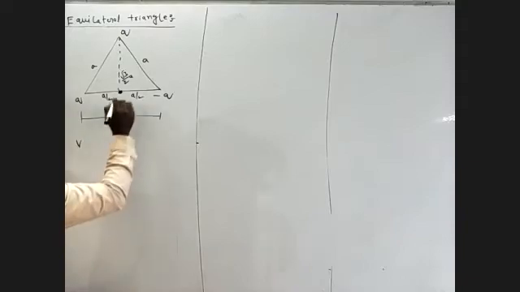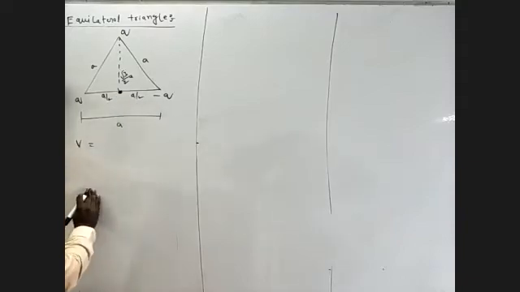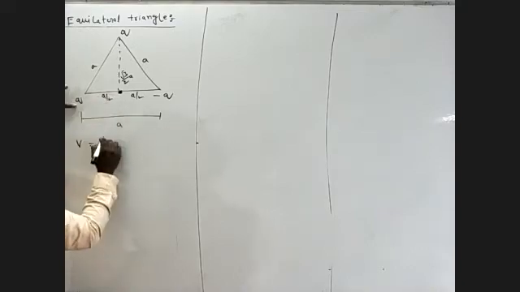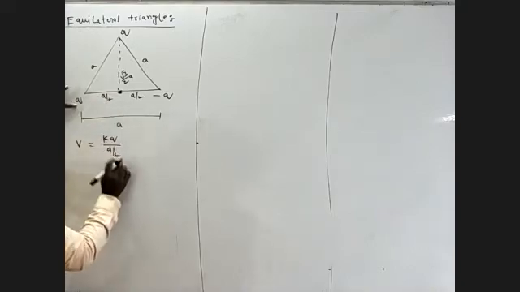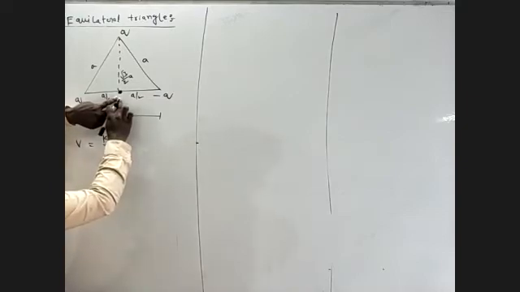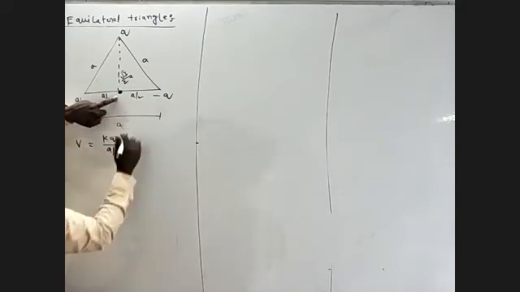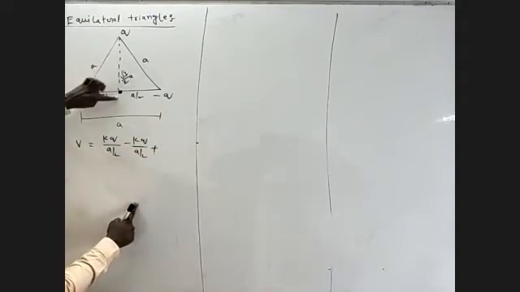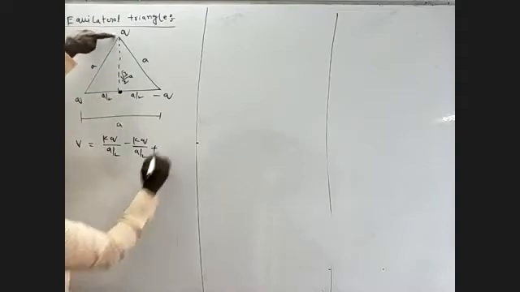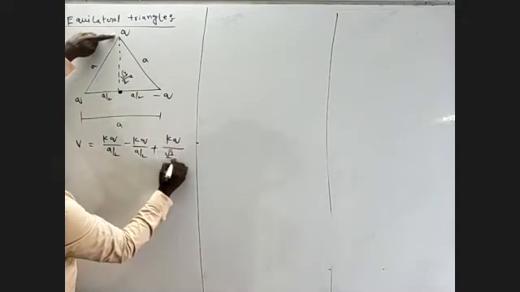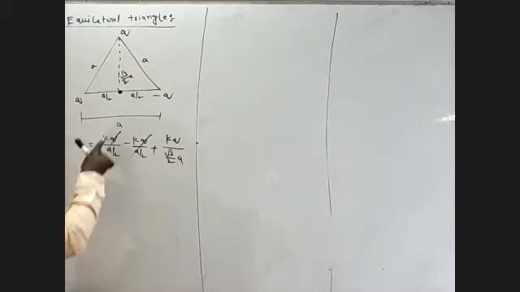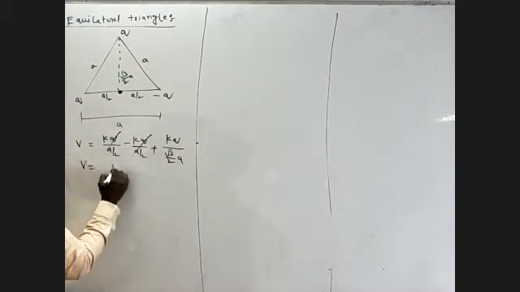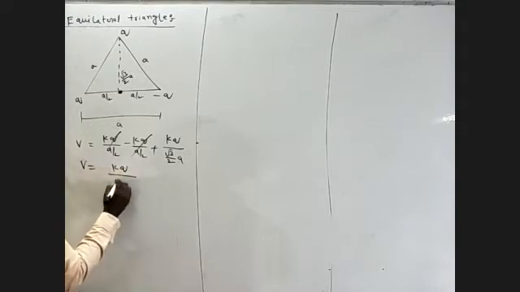So V is equal to, at this point P, the electric potential due to the charge Q is kQ by a/2. Then we have to find the electric potential at this point due to the charge minus Q, that is minus kQ by a/2, plus the potential due to the third charge, kQ by (root 3 by 2)a. The kQ by a/2 and minus kQ by a/2 cancel each other, so V is equal to kQ by (root 3 by 2)a.